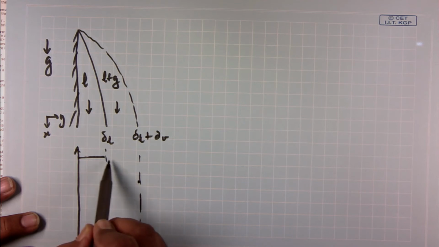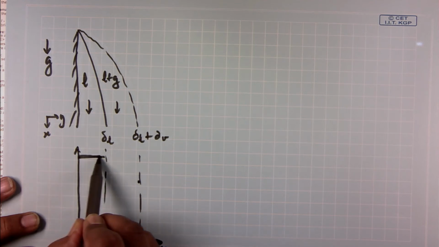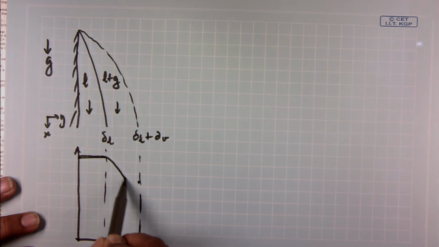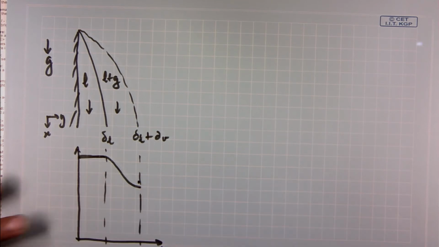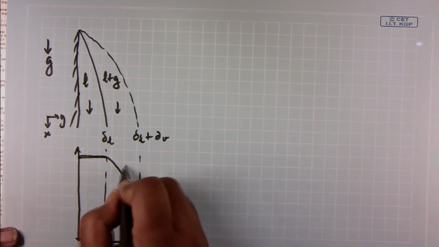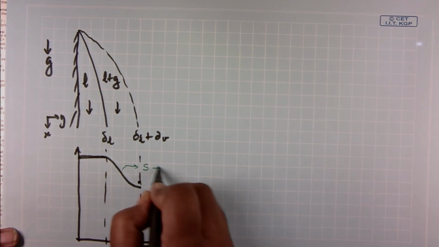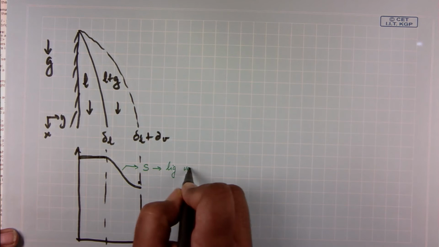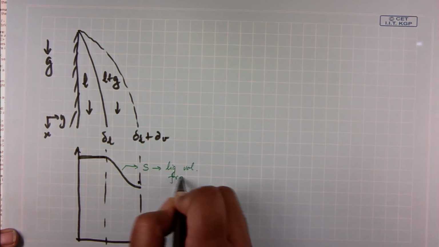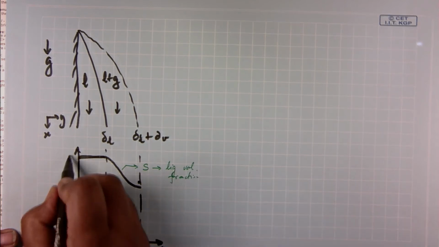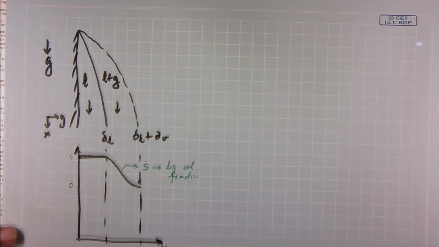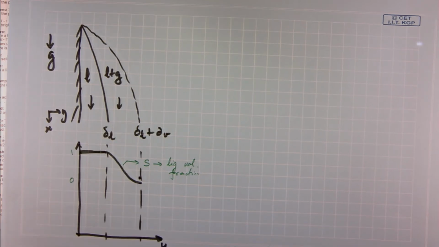So, typically if you look at the liquid fraction, it comes down like this. Okay. So, this one we call it S, which is liquid volume fraction, goes from 1 to 0. Clear?